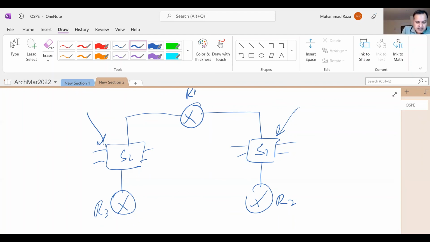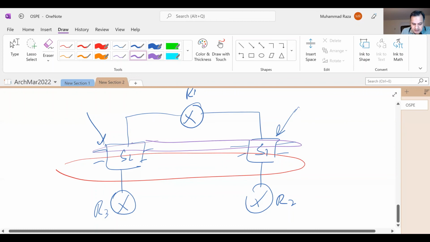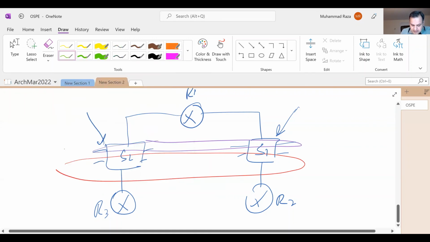So now this is a switch. Let's say I have made VLANs out of this switch. This is my one VLAN. This is my second VLAN. And I have three VLANs.